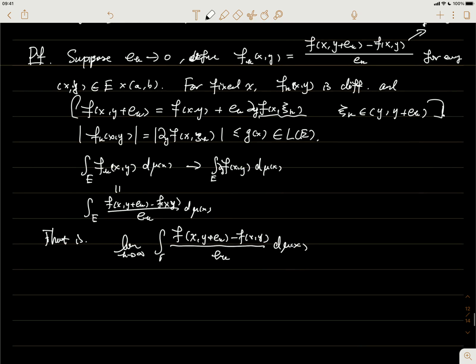We know that the integral of that can be split and applied to the numerator individually, so on the one side it is equal to the limit as k goes to positive infinity of the integral of f(x,y+e_k) minus the integral of f(x,y), divided by e_k. Okay, and on the other hand, I know that this is going to converge to this thing, right? So I just write it there.